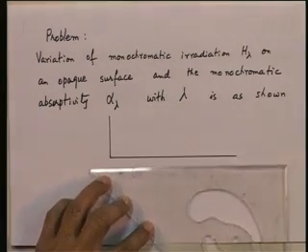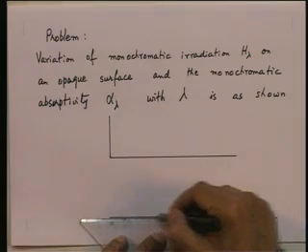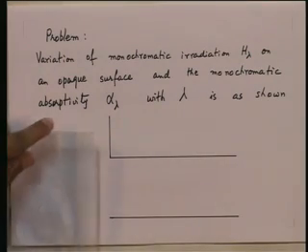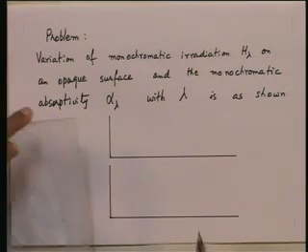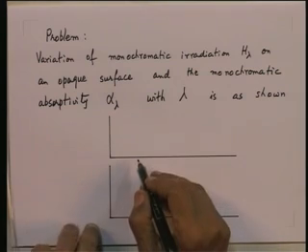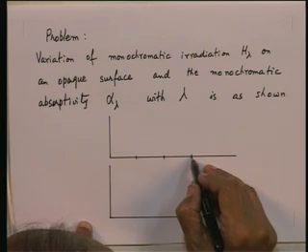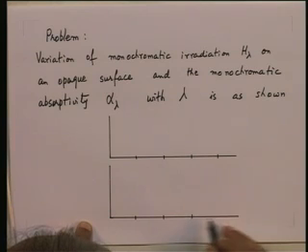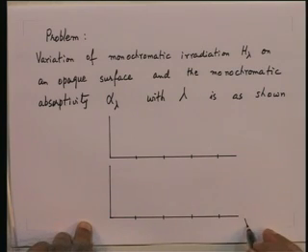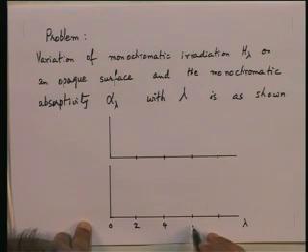This is lambda on the x axis, and this is 0 microns, 2, 4, 6 and 8 microns.